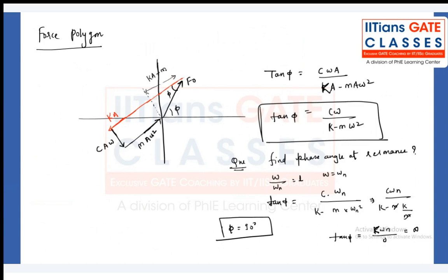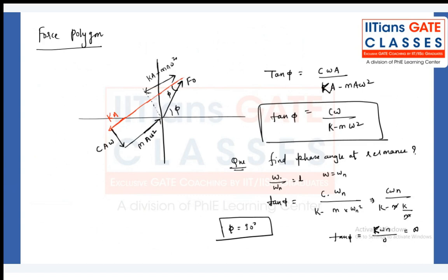K minus M A omega square. That is C omega by K minus M omega.